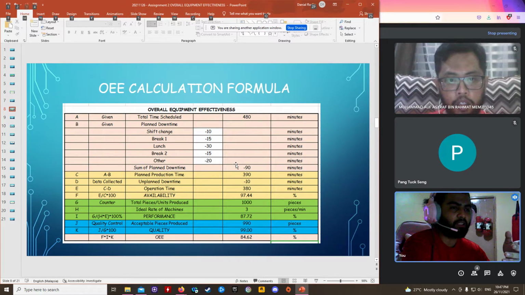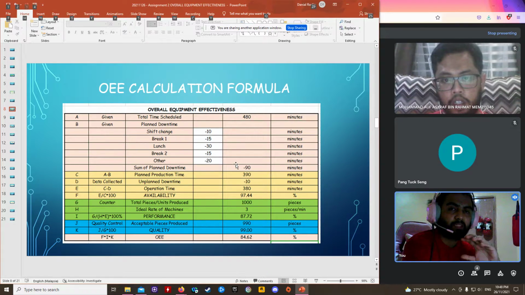Based on the planned downtime, sometimes we have a shift change, and then we have a break for all the workers to take a break and lunch, and then another break, and others maybe go for a prayer. So we sum up all the planned downtime, and then we minus it from the total time schedule. From there, we can get the planned production time. So based on planned production time, we can get the availability factor, the first factor.